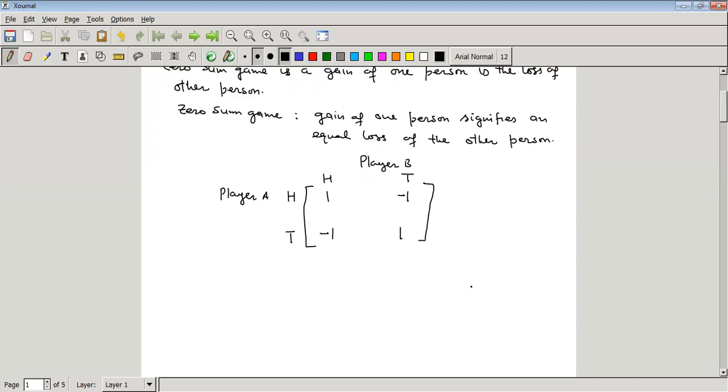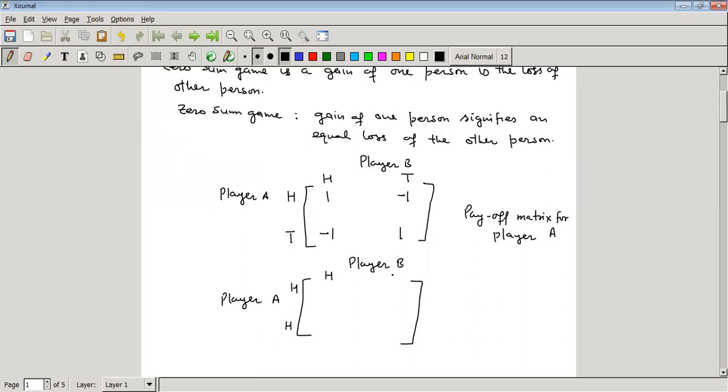So this is a payoff matrix for A. If we have to write the payoff matrix, this is the payoff matrix for player A. If we write the same matrix but as the payoff matrix for player B, then B gets, this is head, tail.